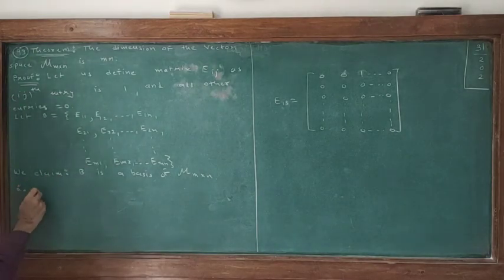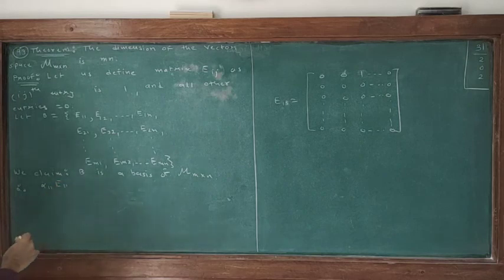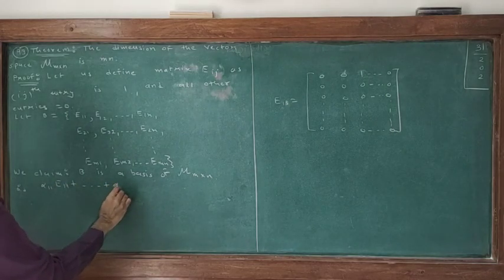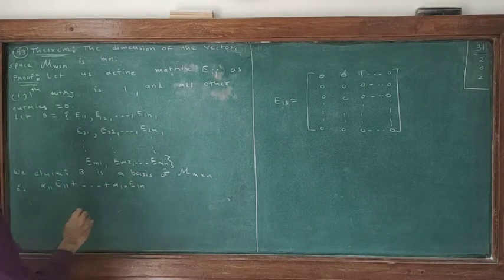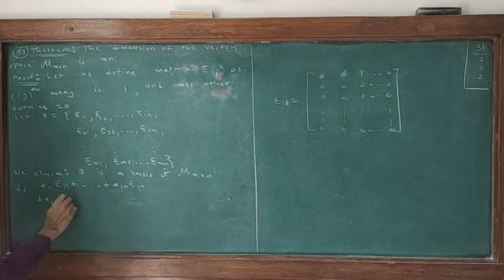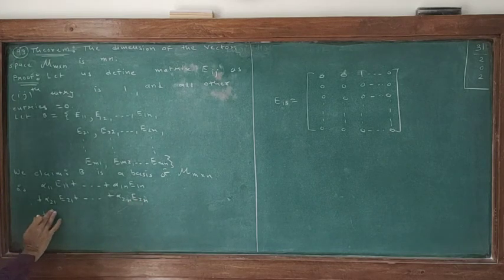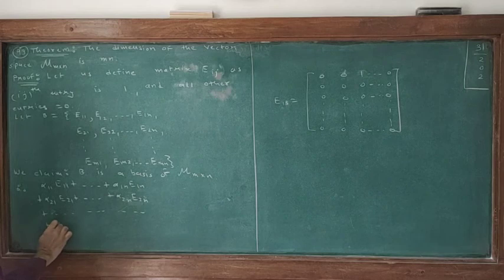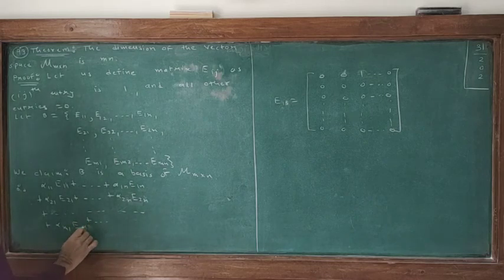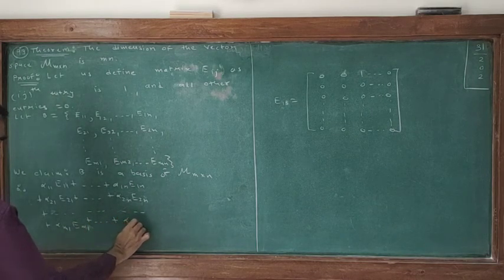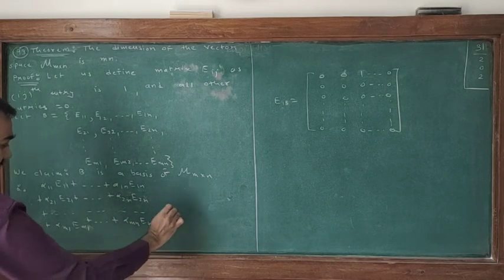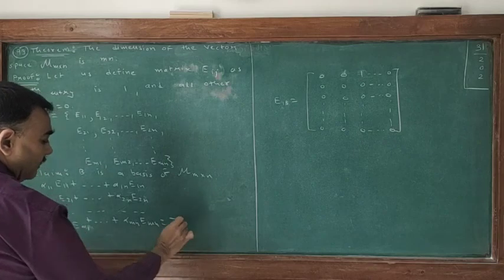Therefore, alpha 11 E11 up to alpha 1n E1n, alpha 21 E21, up to alpha 2n E2n, up to alpha m1 Em1, up to alpha mn Emn equal to 0 bar, the m cross n zero matrix.